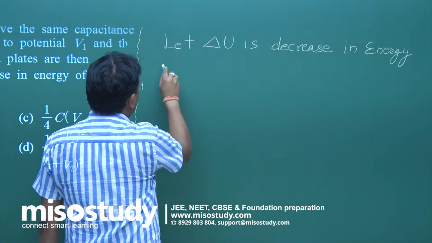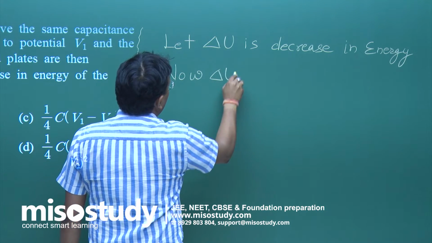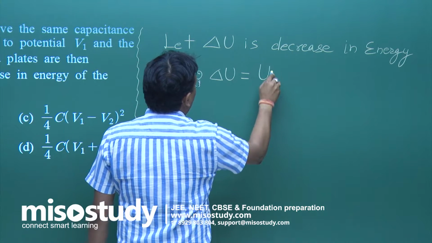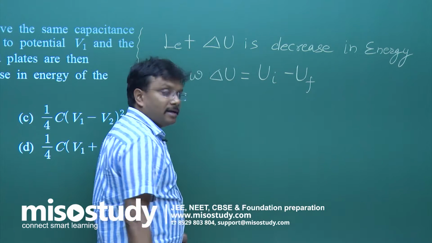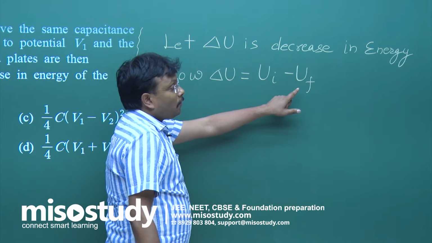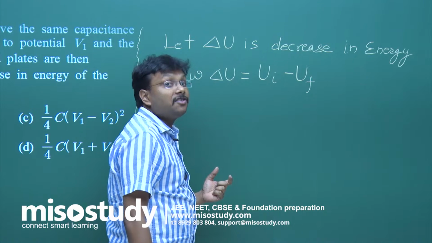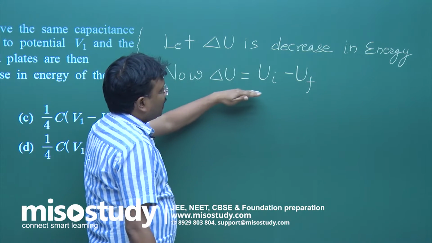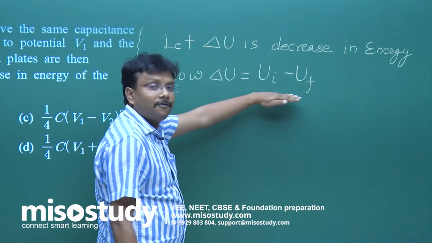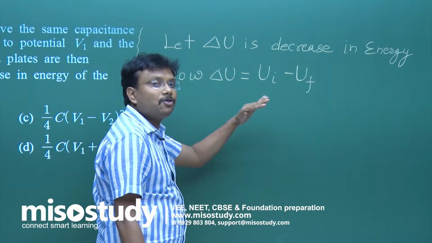Delta U is nothing but U initial minus U final. Again, few of you may think, why is the initial energy more and the final energy less? Now one by one I will write down the expression for initial and final energy, only then will I provide the exact solution.